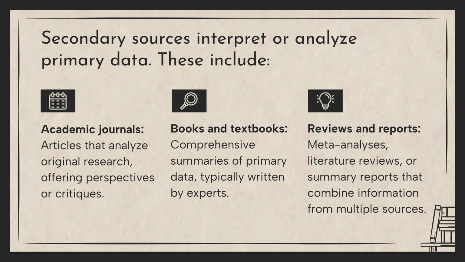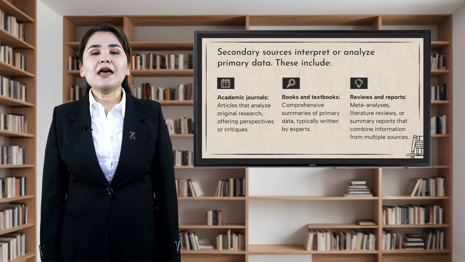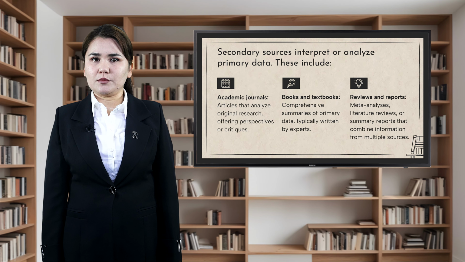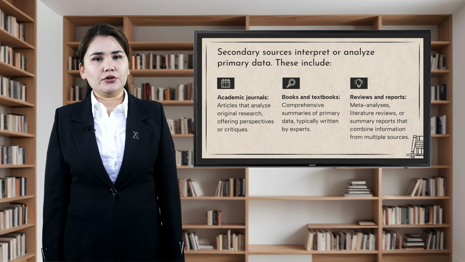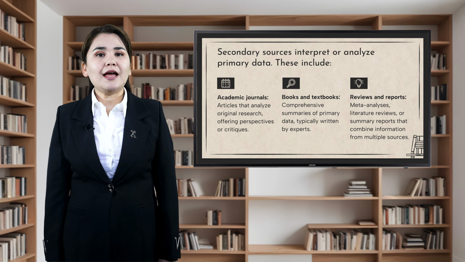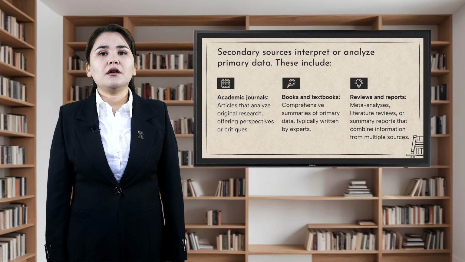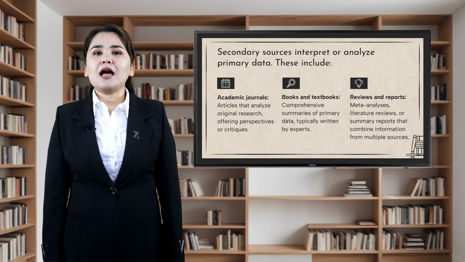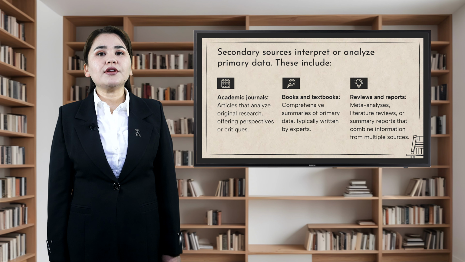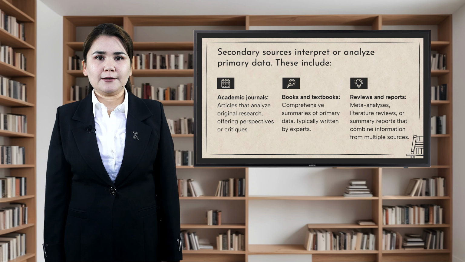When the speech is about secondary sources, we may explore how secondary sources interpret or analyze primary data. Those include academic journals, books and textbooks, reviews, and reports. Here is a question. What are academic journals? These are articles that analyze original research, offering perspectives or critiques.